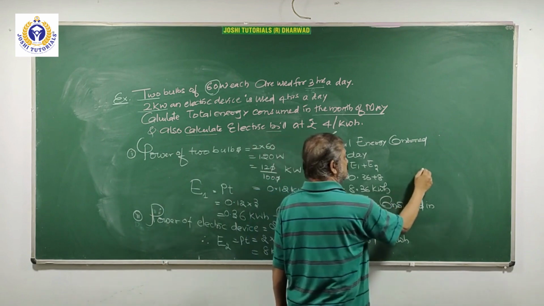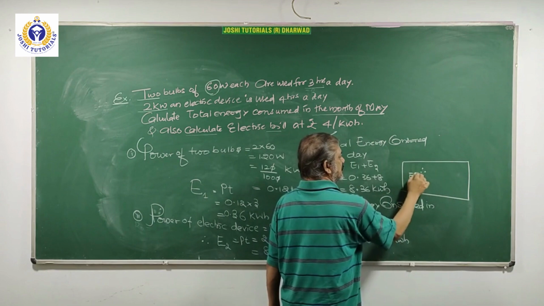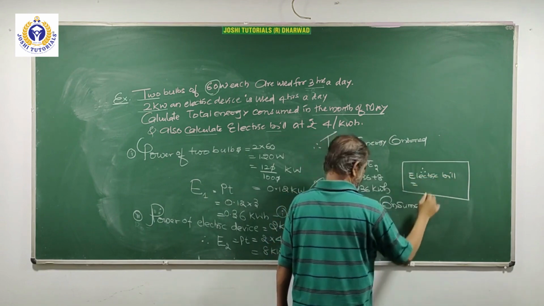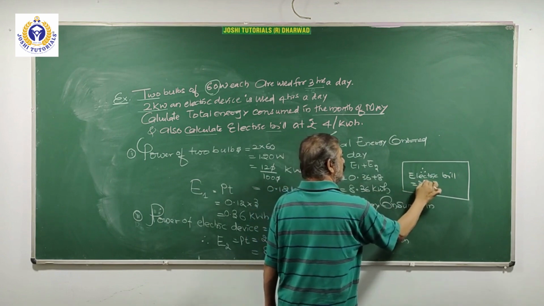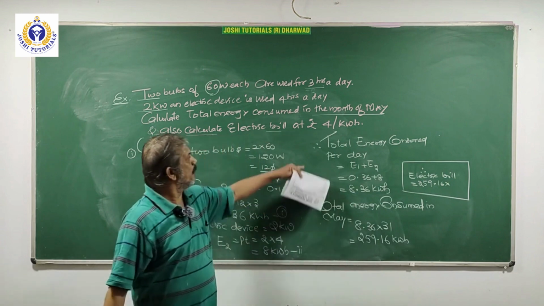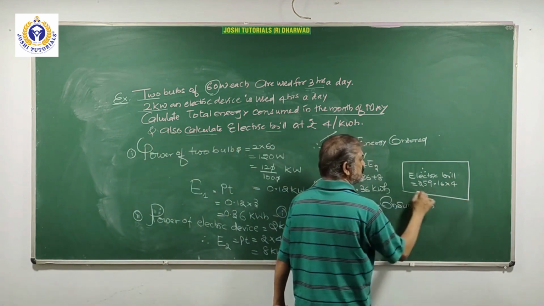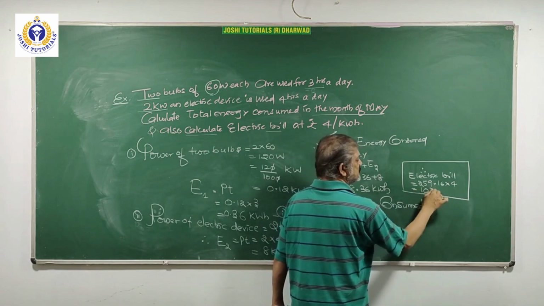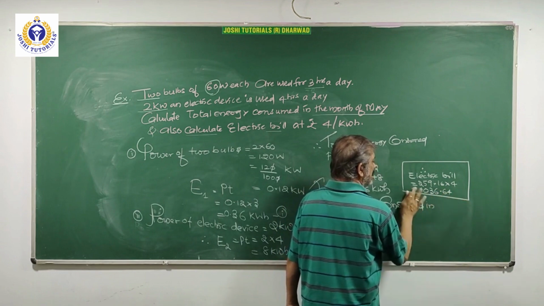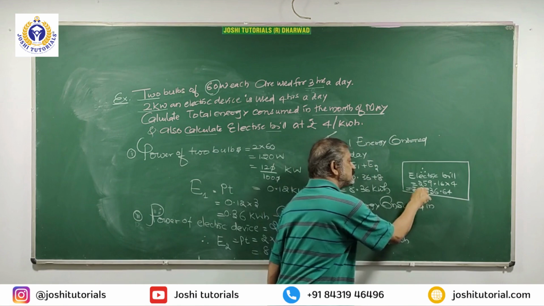Therefore, last step: electric bill in that month is 259.16 into, for 1 kilowatt they have charged 4. I hope you have to multiply by rupees 4. 1036.64 rupees. Means in the month of May you will get this much bill.